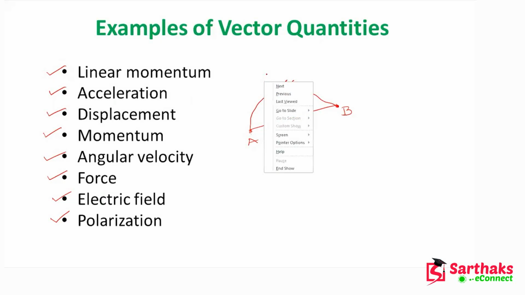That is a scalar quantity. But from the initial position to the final position, whatever the shortest path you are taking, that is the displacement, right? So displacement is a vector because you are moving in a particular direction.